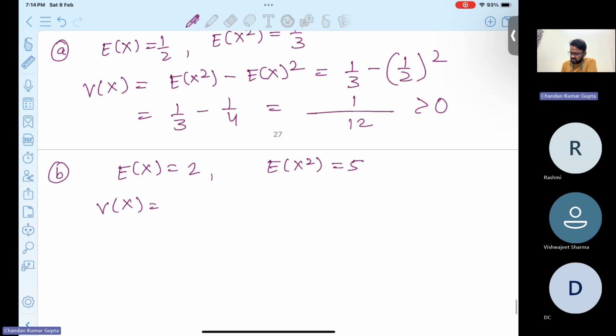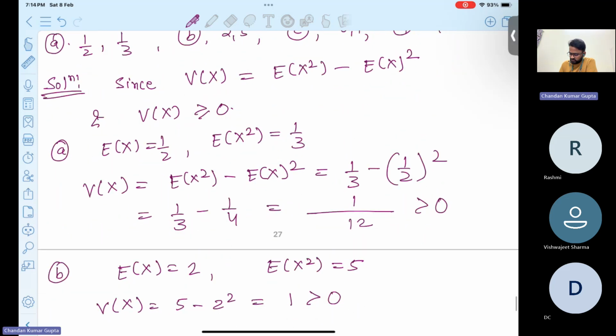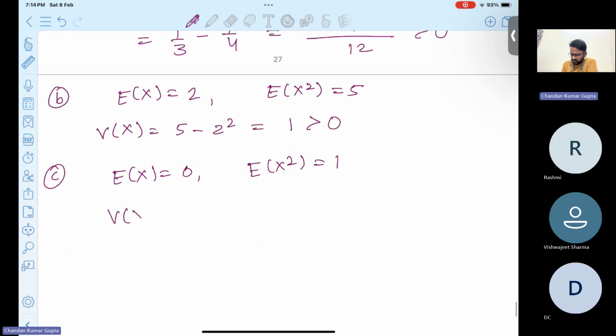So variance of X is 5 minus 2 square, that comes out to be 1, which is greater than 0, so it is also correct. The third one is expectation of X equal to 0 and expectation of X square is 1. Again, variance of X equals 1 minus 0, which is 1, greater than 0.